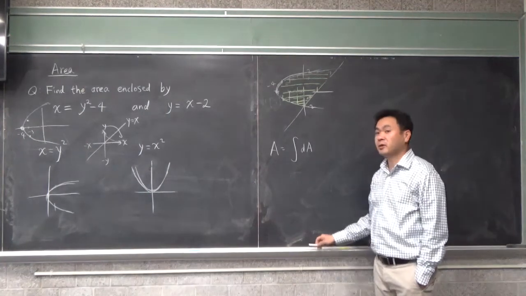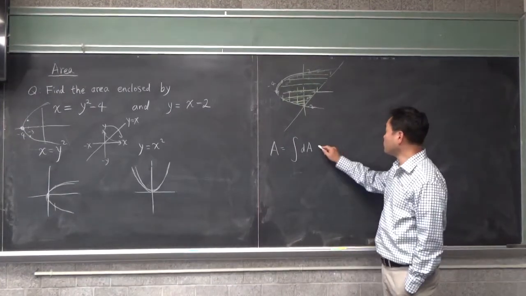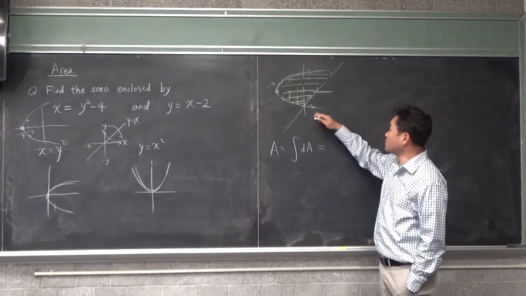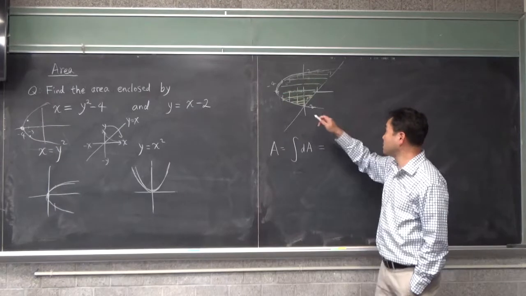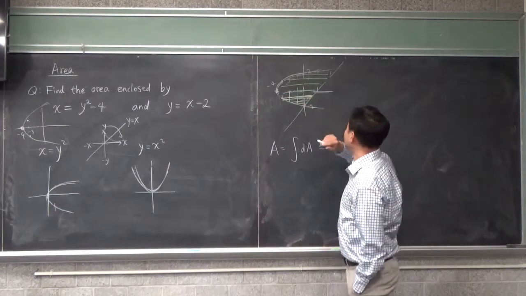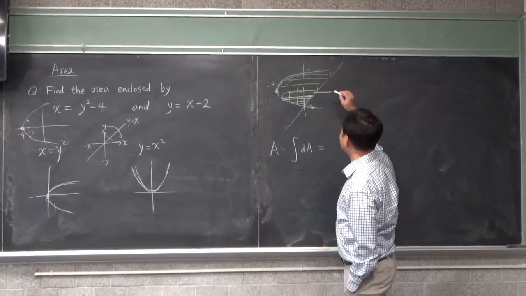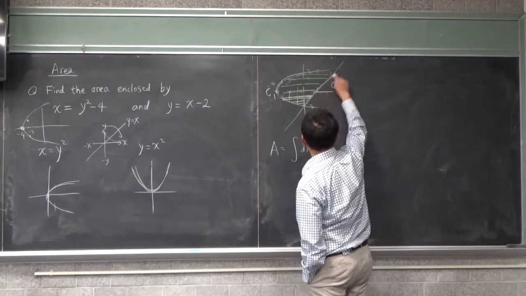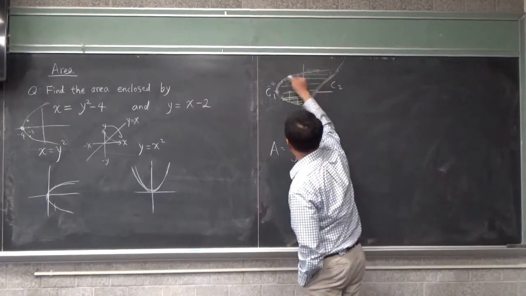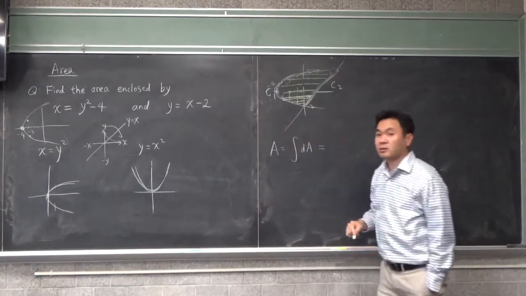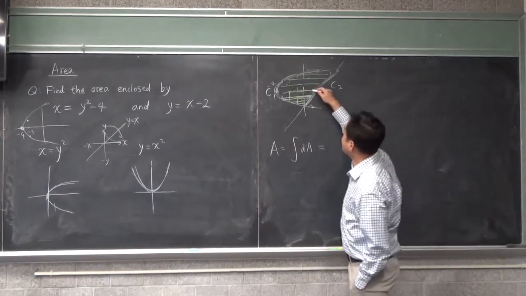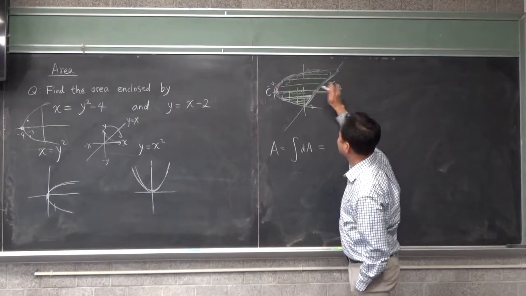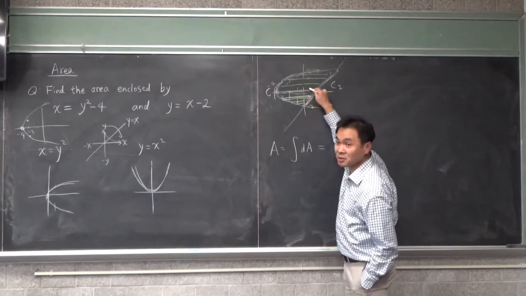All right, so let's now try to write an integral in that direction. I'll just name the curves. Let's call this curve C2 and this one C1. And in order to get this length, I have to do this minus that.